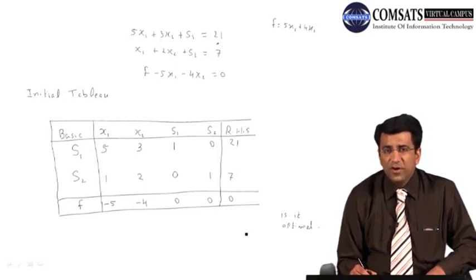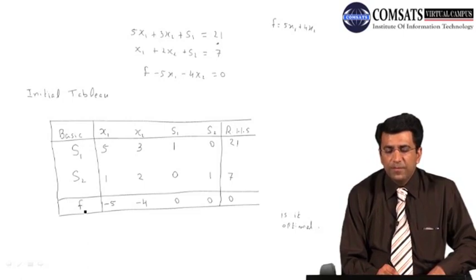Now what is the criteria to find out whether it will be able to give us the optimum solution or not? We will have to refer to the coefficient values of this objective function, because we are interested in the maximization function. For the optimum condition, the coefficients of the objective function must be non-negative, that is, they should be positive.